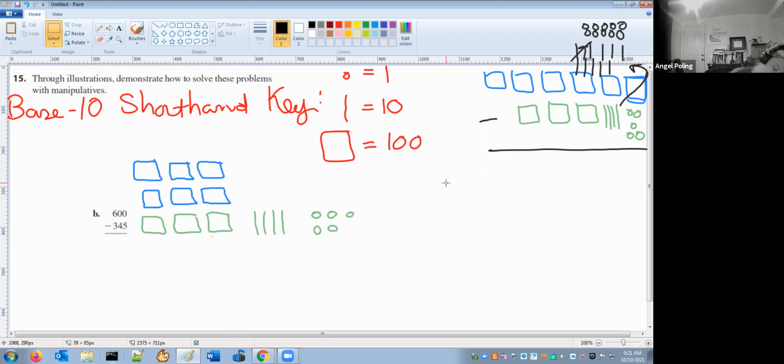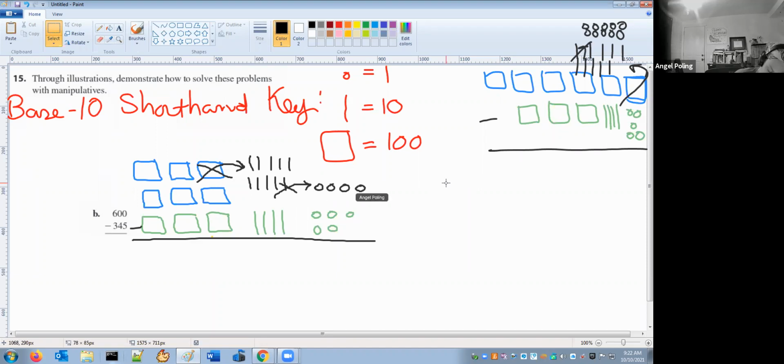We tried to take away ones and we couldn't, so we regrouped. Still trying to take away the ones and we can't, so we're going to regroup, and that's going to give us 10. Okay, so now I'm caught up with that other image. I'm going to erase it.